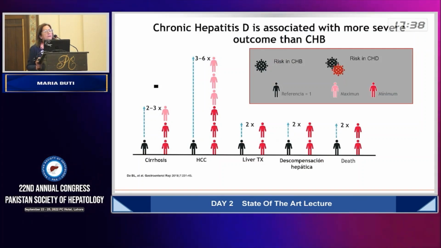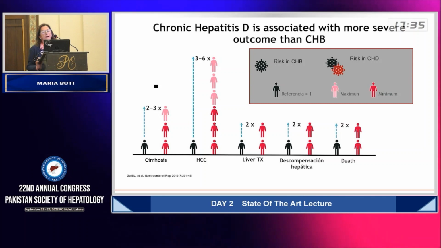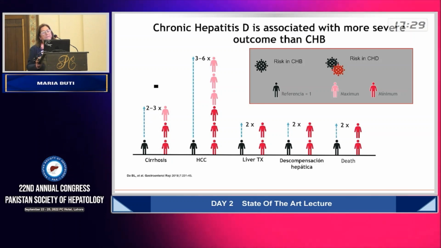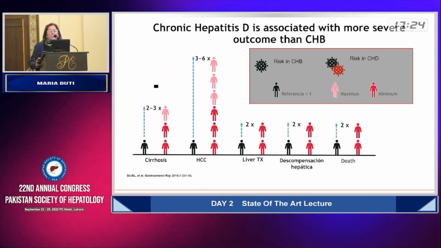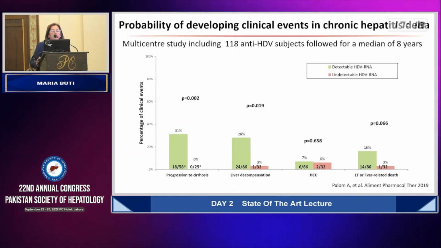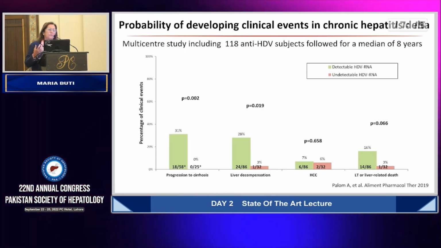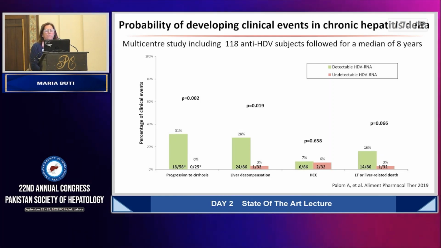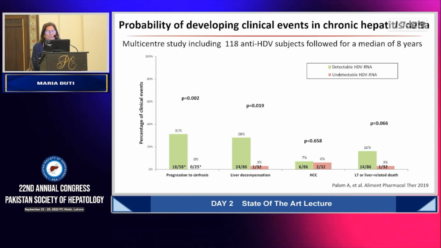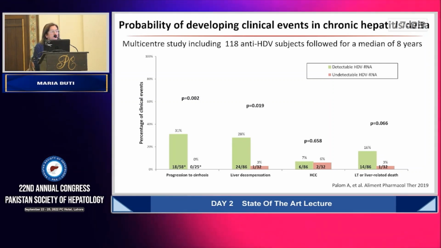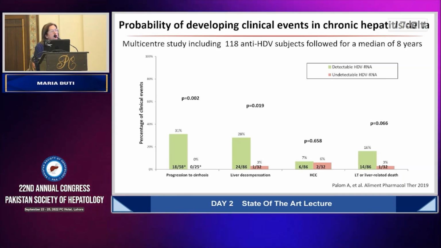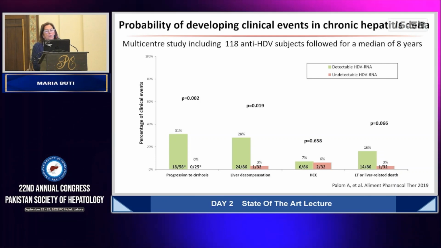I mentioned yesterday that patients with chronic hepatitis delta have more severe outcomes than mono-infected patients: a higher risk of developing cirrhosis, higher risk of developing HCC, hepatic decompensation, death, and need for liver transplantation. And this higher risk was also tested in our cohort of patients, in a study from my center, looking at the probability of developing clinical events in patients with chronic delta in relation to the presence of detectable HDV RNA.